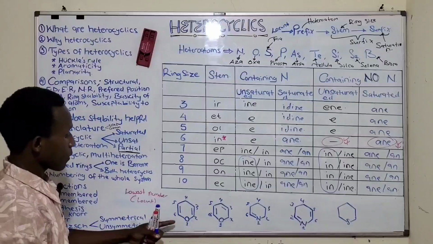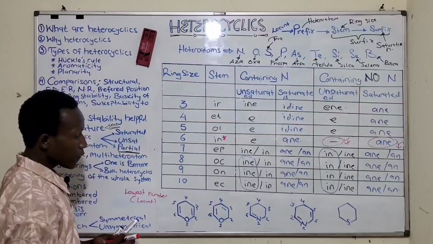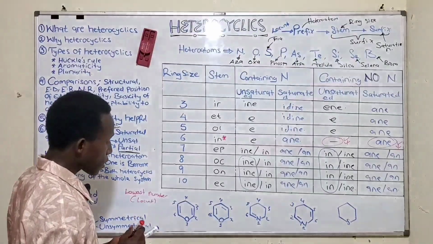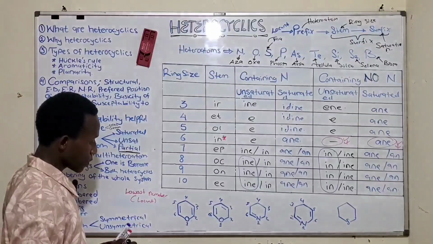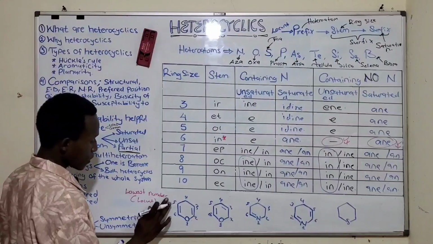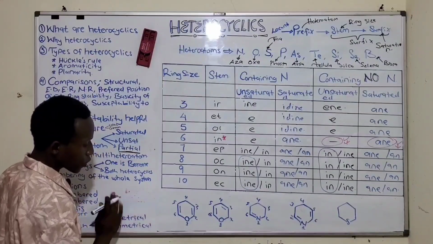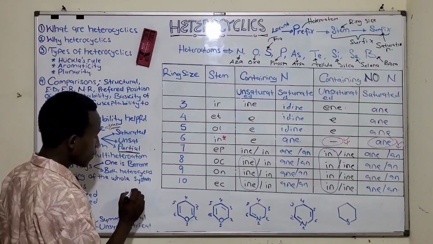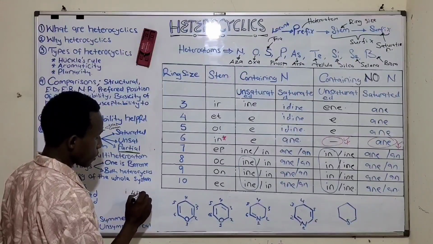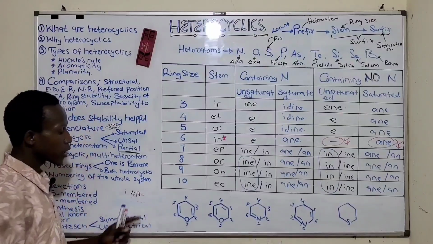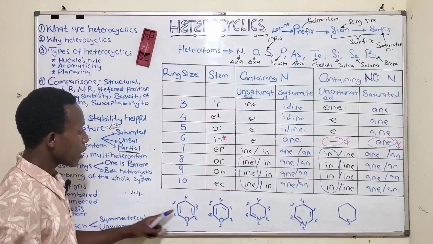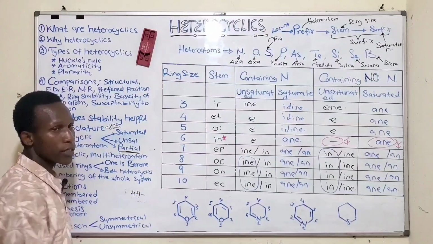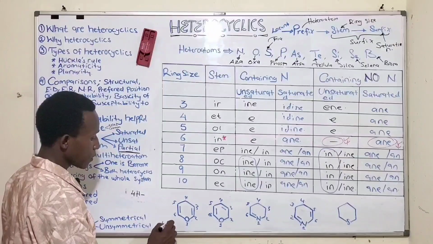Now, if we have only one saturated atom, we use H. So this one will be at position 4, we have a saturated carbon, so it will be 4H. Then we give the name for the unsaturated ring.